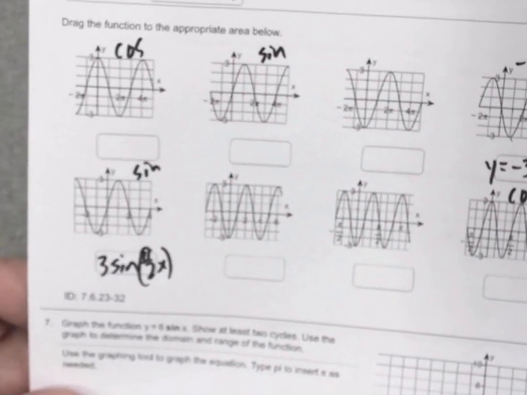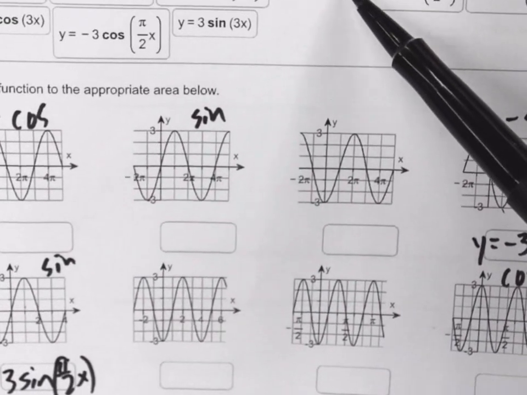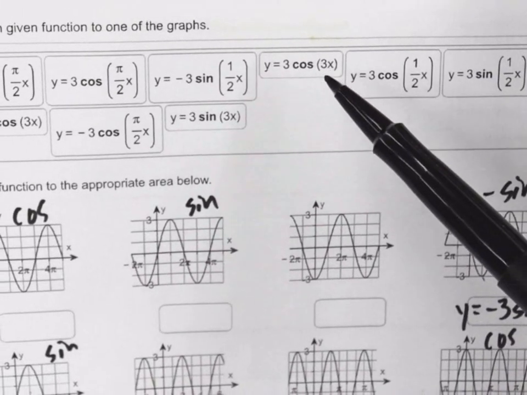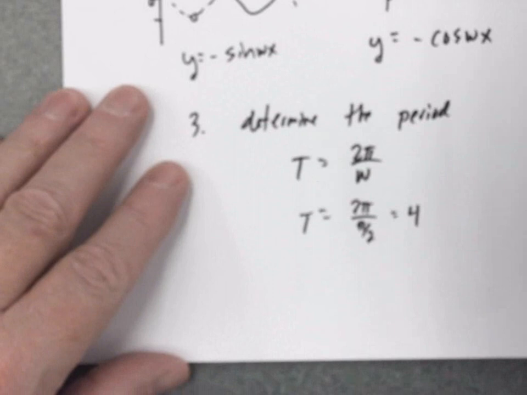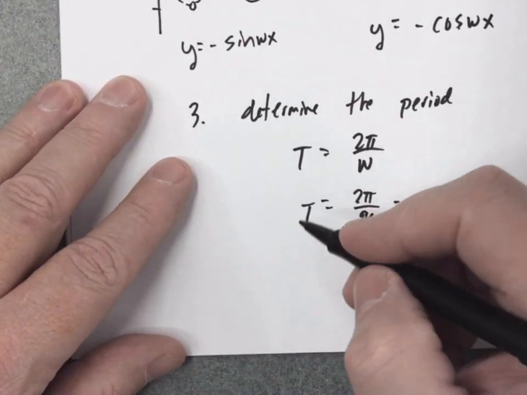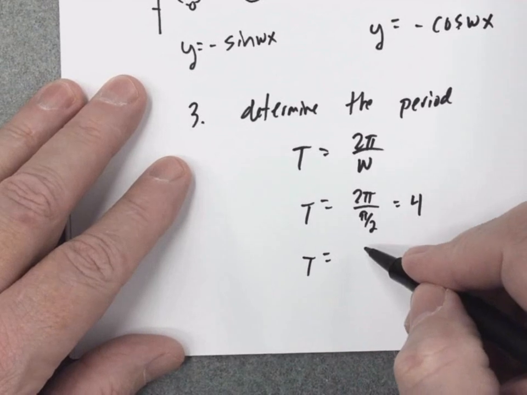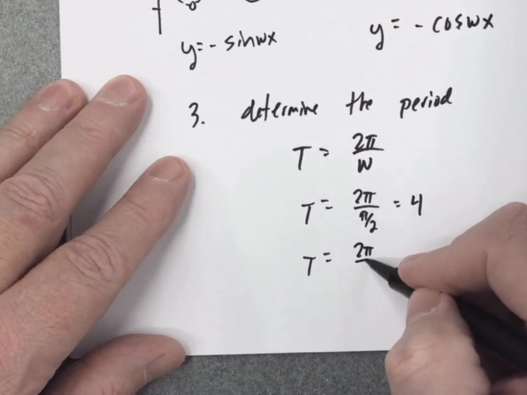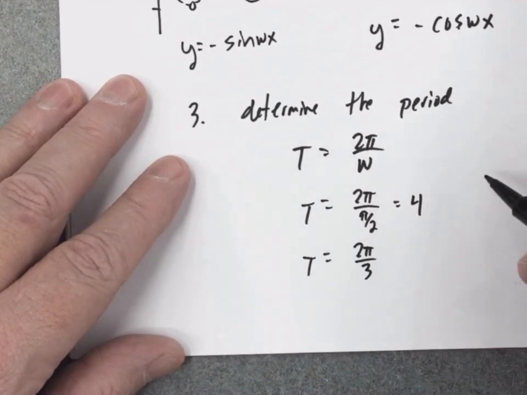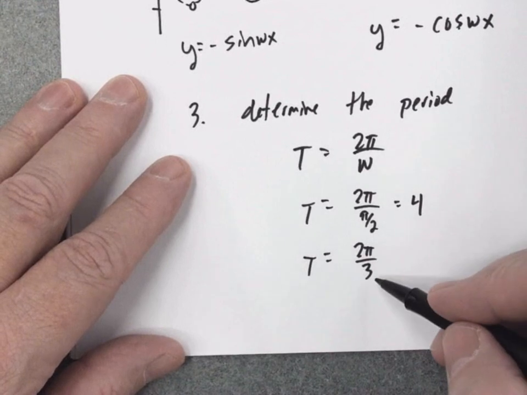Now all I have to do is figure out the period. So my omega is going to be 3. So for this one, if I figure out the period, it's actually 2 pi over 3.